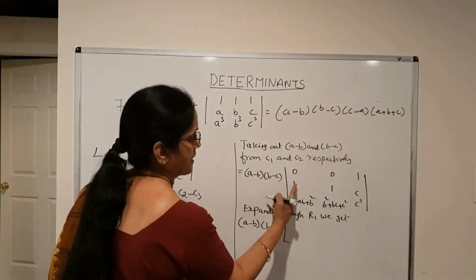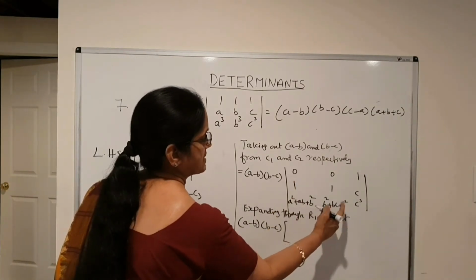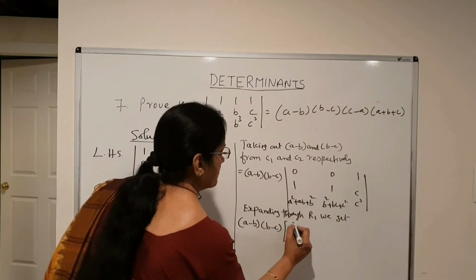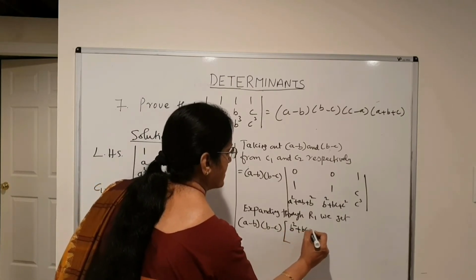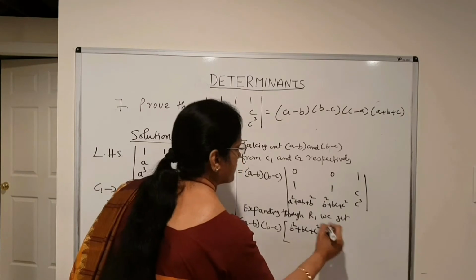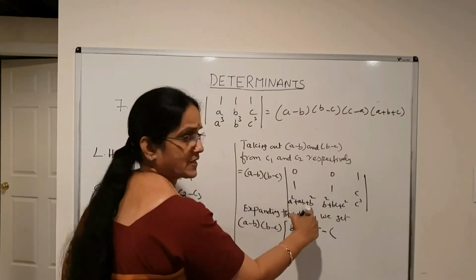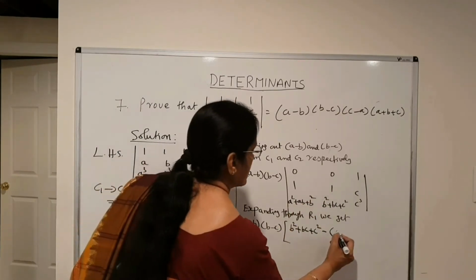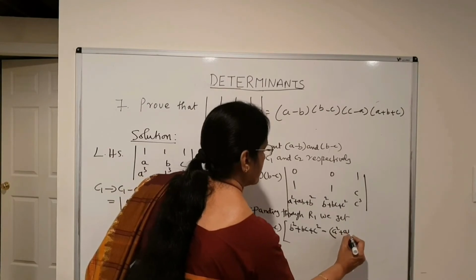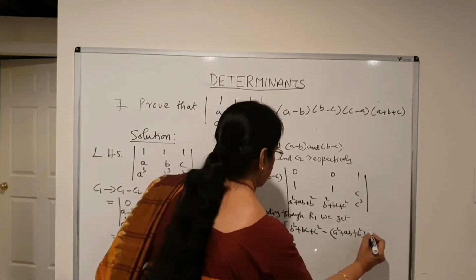So the product of 1 into B square plus BC plus C square, I will be getting B square plus BC plus C square, minus 1 into this particular entry, that will be A square plus AB plus B square.